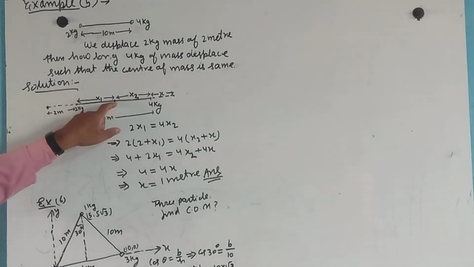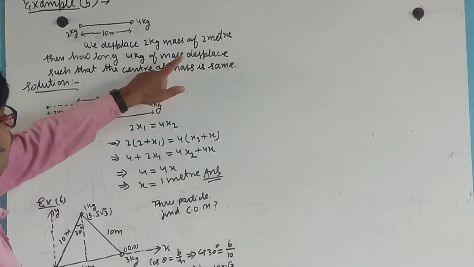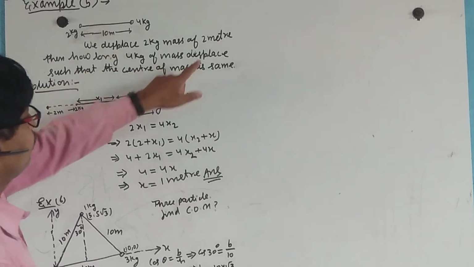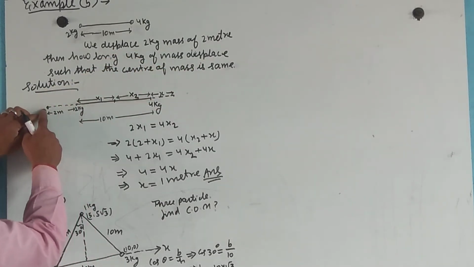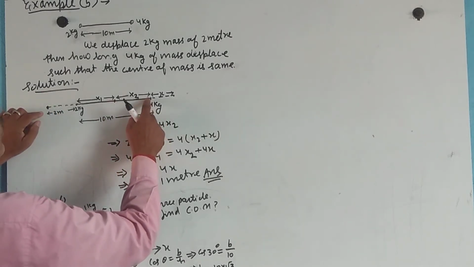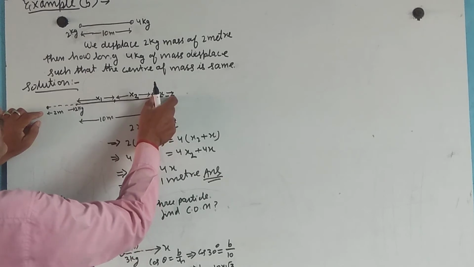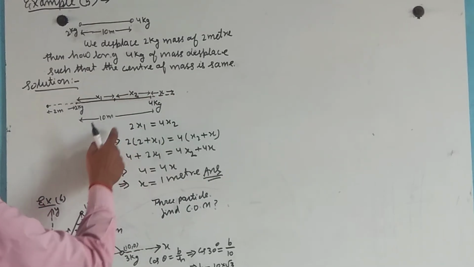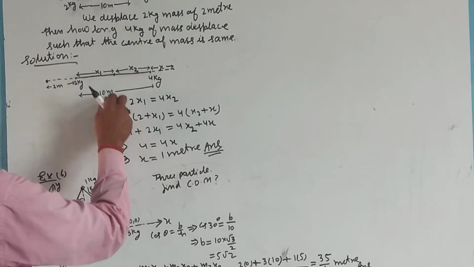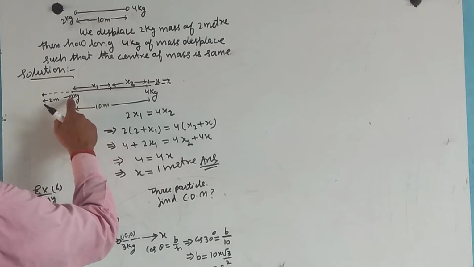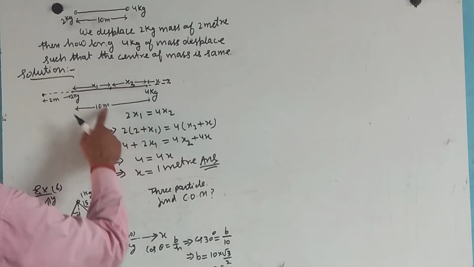In this case, the 2 kg mass is displaced 2 meter. Then we have to find how far the 4 kg mass is displaced so that the center of mass is the same. Now in this case, the center of mass is here, so that 2x1 equal to 4x2.